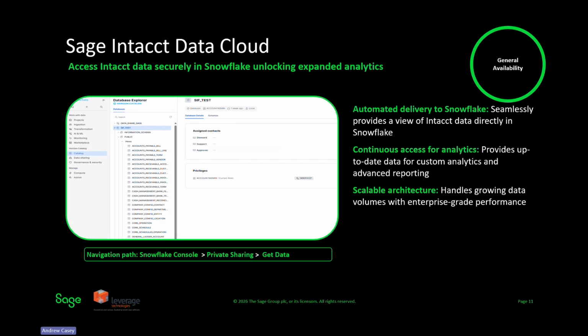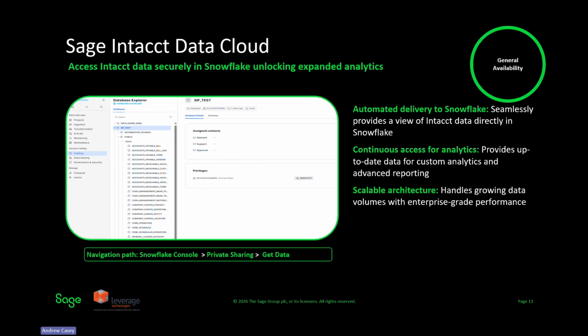GA, Sage Intacct Data Cloud. This is one that gives your team direct governed access to the Intacct data, actually in a data lake, in Snowflake, okay?